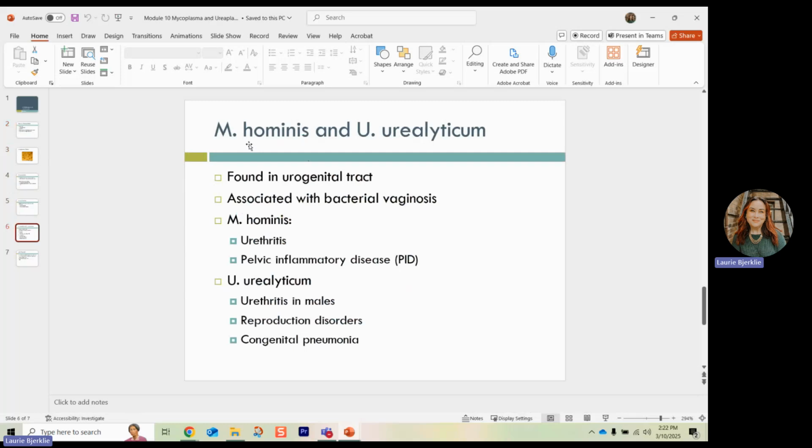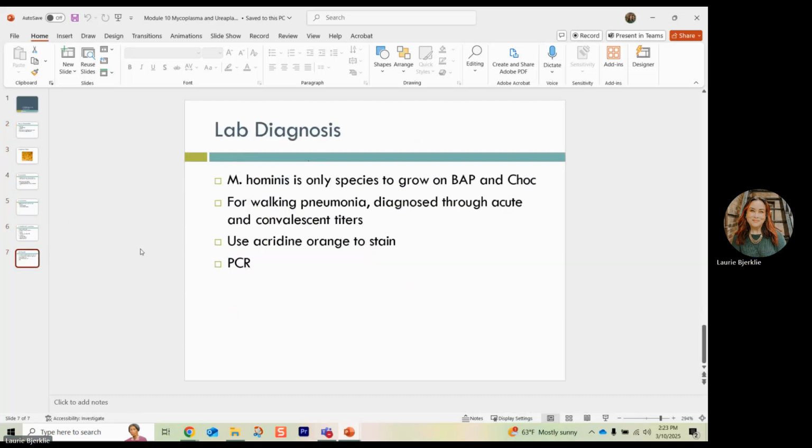And then, like I said, hominis and urealyticum are both in the urogenital tract. So they've been associated with bacterial vaginosis infections. Mycoplasma hominis causes urethritis, which is inflammation of the urethra. And then urealyticum, same thing. And then lab diagnosis.